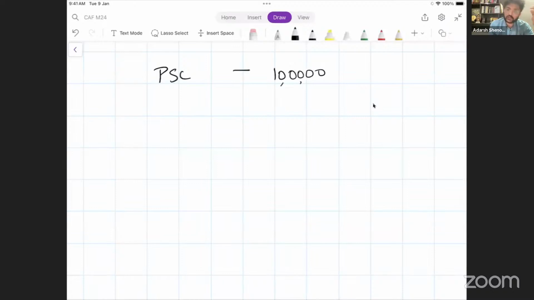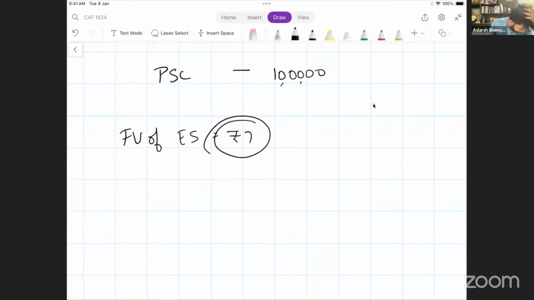I will do a fresh issue of equity shares. The face value of equity share is, let us say, 7 rupees. Generally it's a multiple of 10, like 10, 100, but this is a slightly unique company, so I have kept 7 rupees.